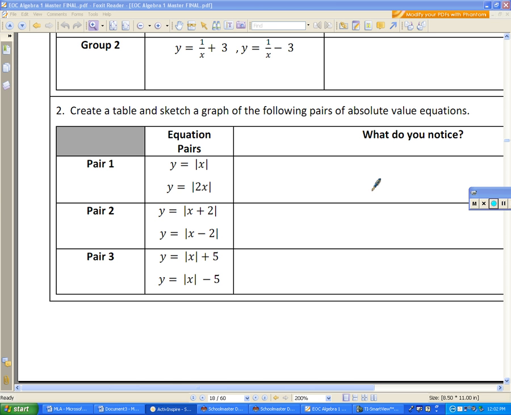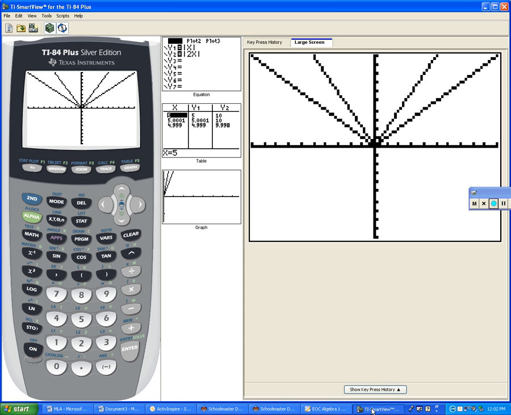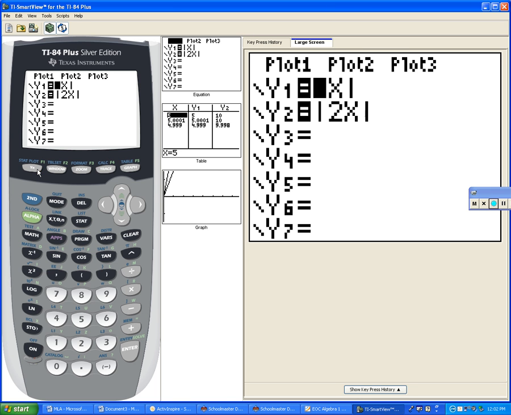All right, then let's take a look at y equals the absolute value of x plus 2 and y equals the absolute value of x minus 2, and see what we notice about those. So what was it, x plus 2?